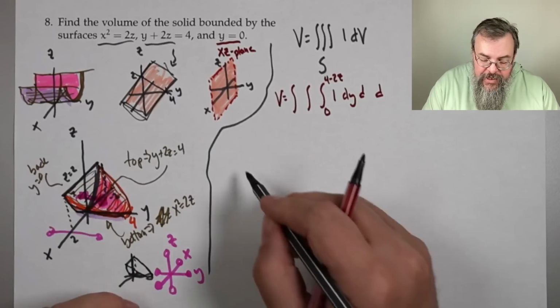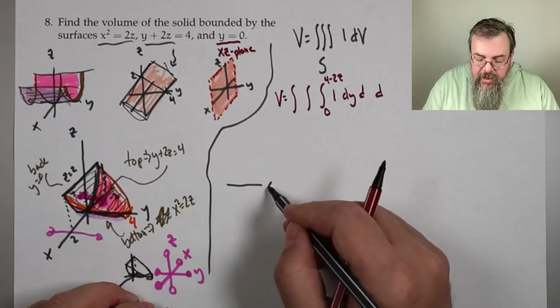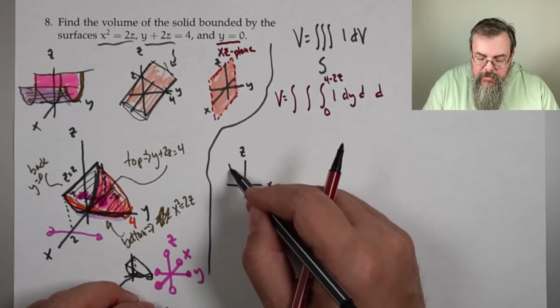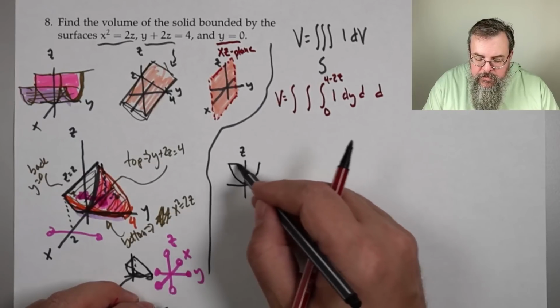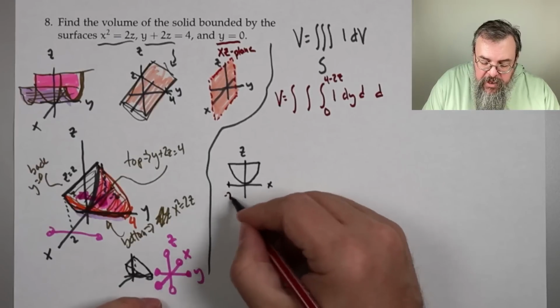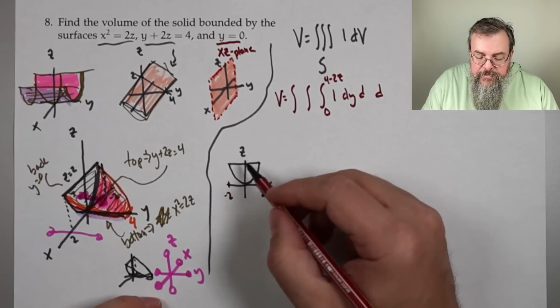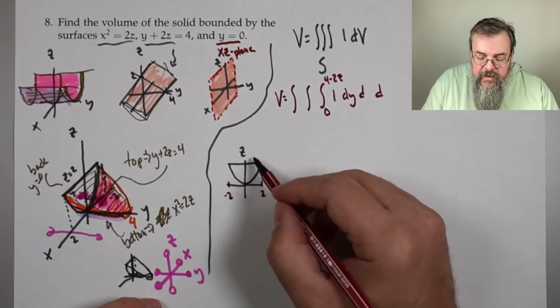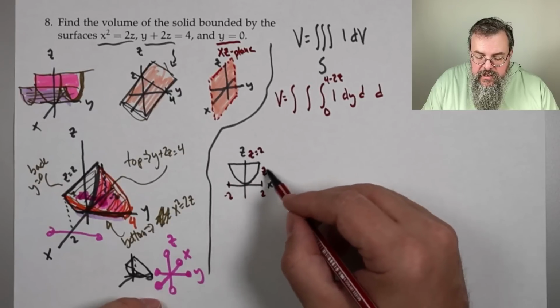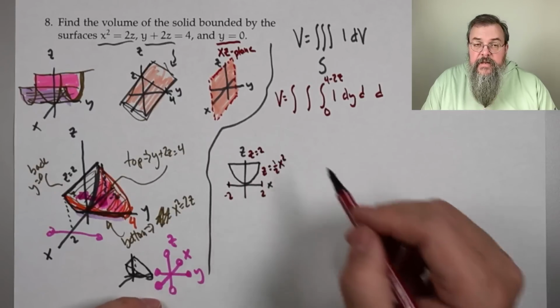So we're in the xz plane, and we see our parabolas here. We have -2, +2, and this top part is z equals 2. This is z equals 1/2 x squared.